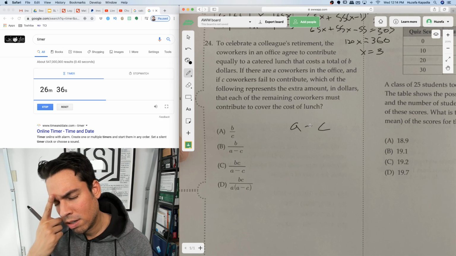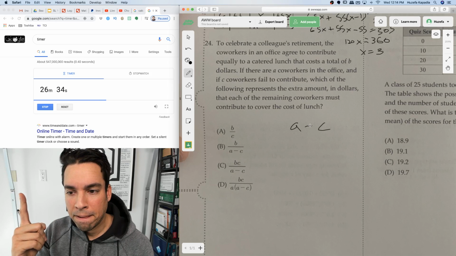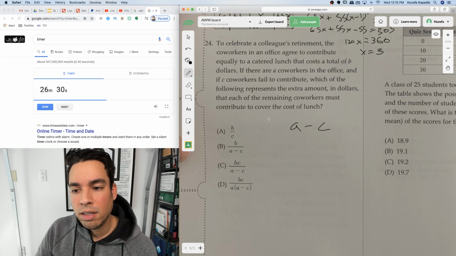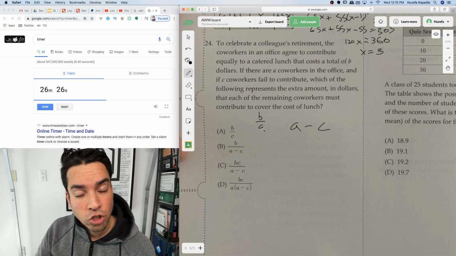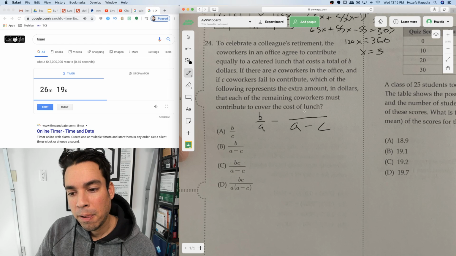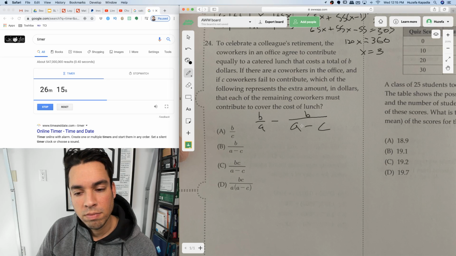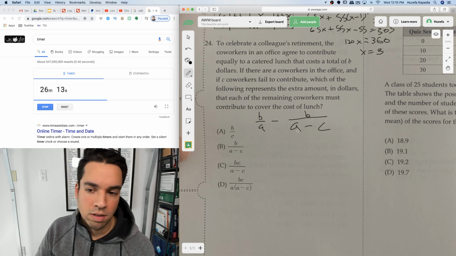Why am I blanking on this? So it's, I get it. So it's B over A. This is how much each person should have contributed. Minus B over, no. Wait a minute.